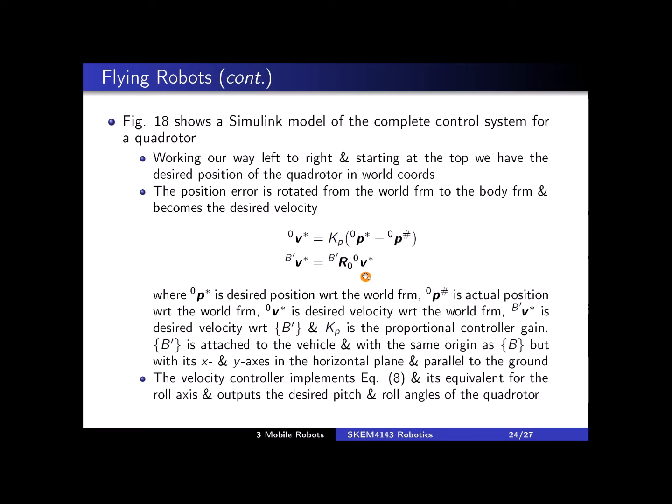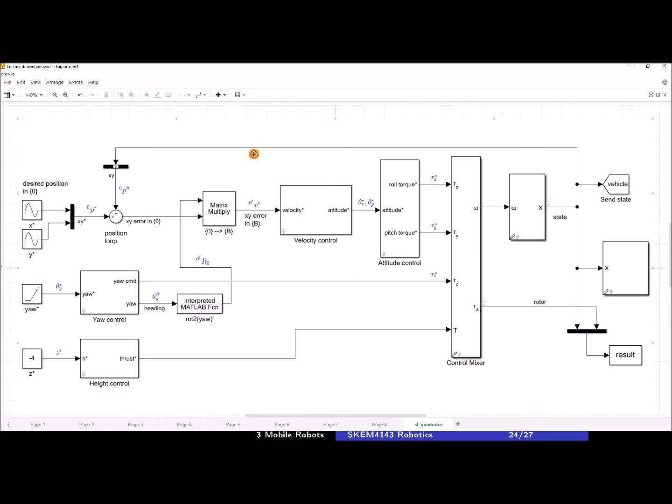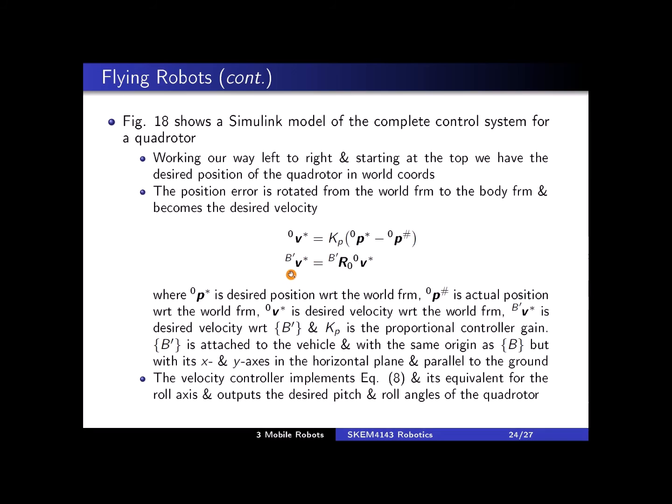So what this equation does is that it maps, or changes, the vector v star 0 to v star b prime. Okay, so let's look at where this is. If we look at our model, the output of the position controller is v star b prime.